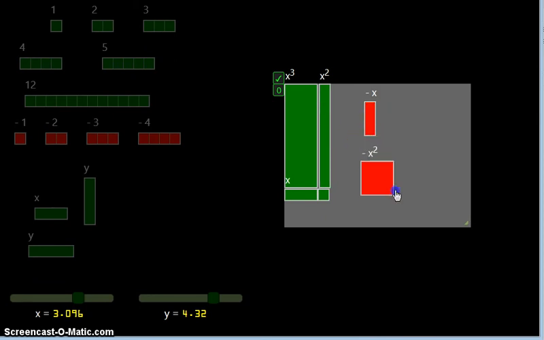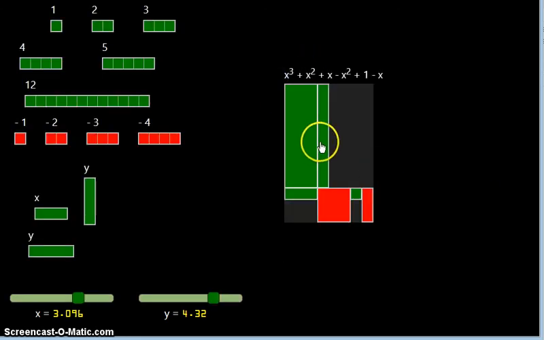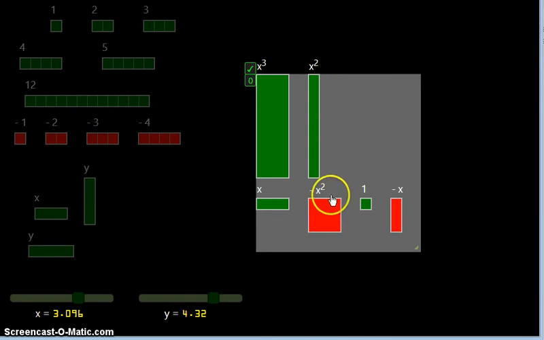Now what about this? What am I going to do with this? So what I can do is actually move them down at the bottom, and then they fit perfectly. Well, that didn't.